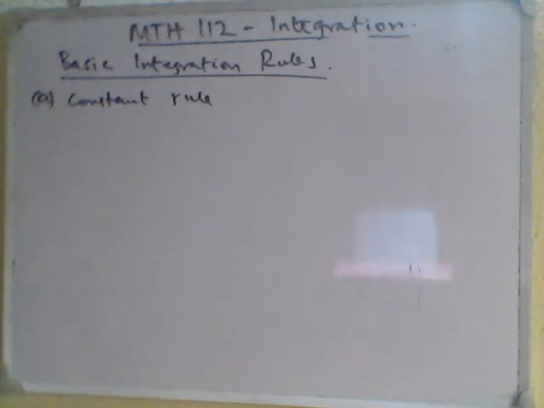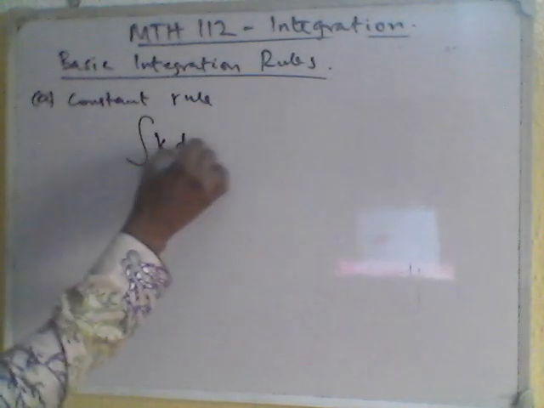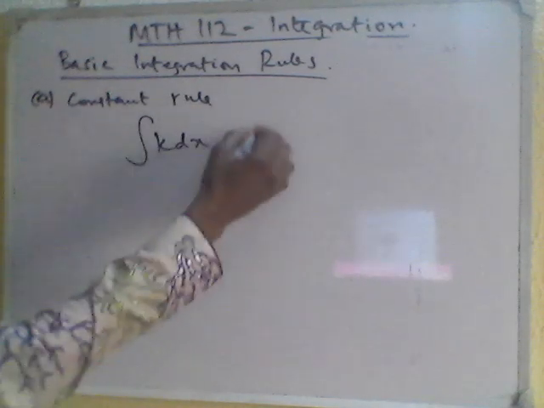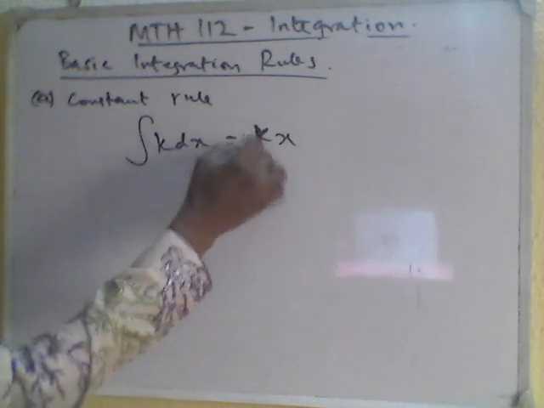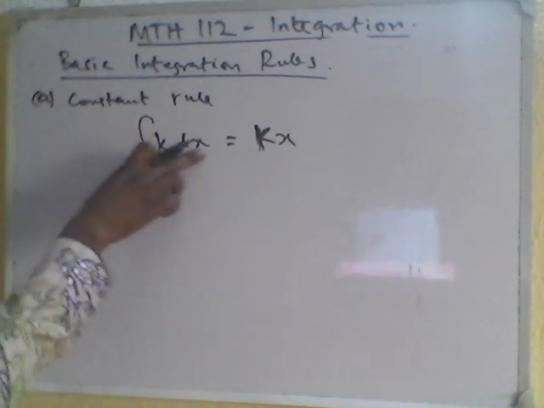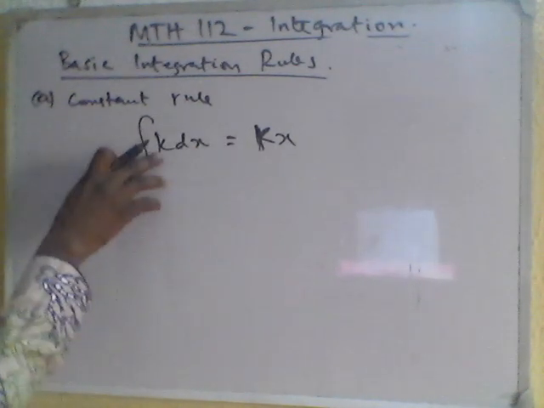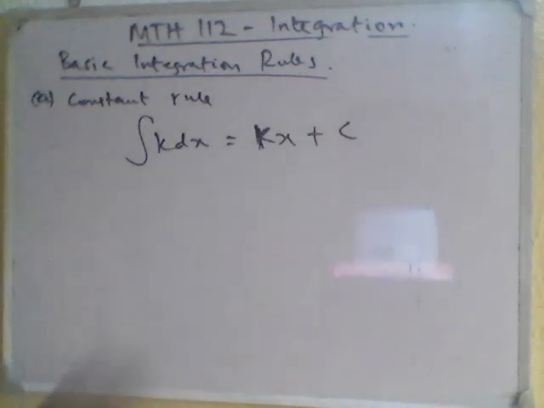It shows that if I am integrating k dx, for instance, I add the variable, this is the x, the variable. So this constant is k. I'm adding this variable to it. Then I will now add the constant c. Understand? That's for the constant rule.